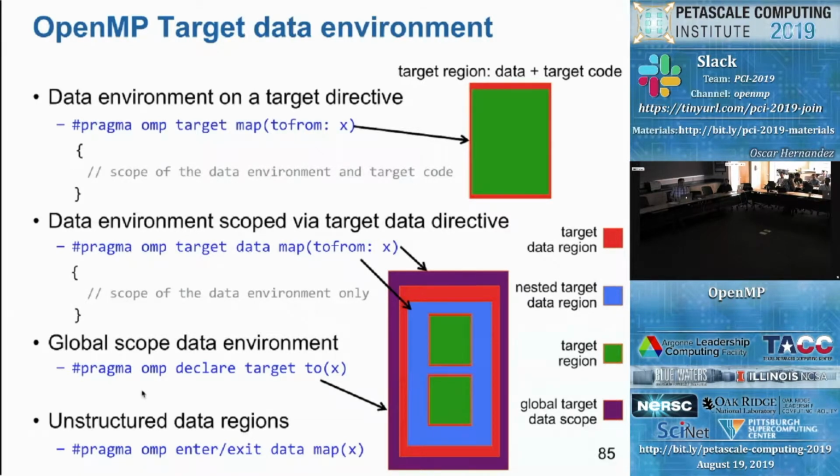And then we have other directives that we can use to control the data environment, but define it at a global scope. For example, if you have some global data in your code that you want to map to the accelerator or to a device, you can use OMP declare target to specify that this is global data, in the declaration space of your program, that I want to make available in the accelerator.